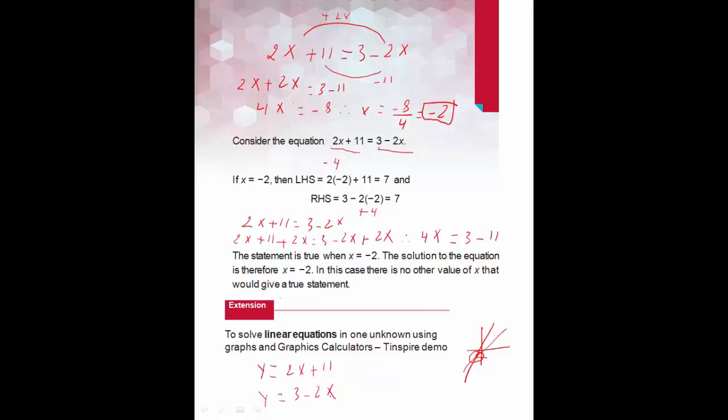So now we're going to do just that using the CAS calculator's emulator, and then I'll show you where to get that from the emulator, and then we will continue back with the rest of the lesson.